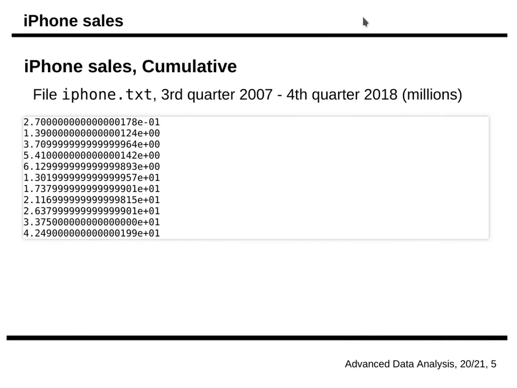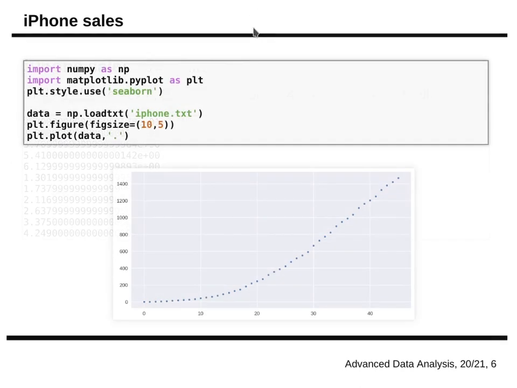Okay? So let's see a particular example. We have this file iphone.txt, which has the cumulative sales of iPhones in millions from the third quarter of 2007 through 2018. So we have this in a text file, and we can just load the data and look at the data.